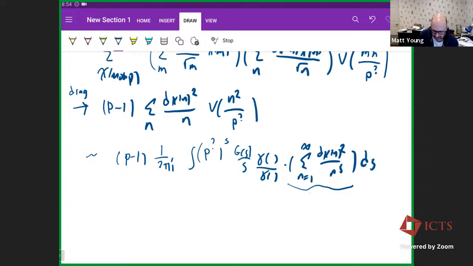And so this sum over n has an Euler product. It's a multiplicative function. And then at primes, the coefficient of 1 over p to the s will be the k-fold divisor function of p, quantity squared. So the number of ways to write a prime as a product of k numbers is k, I guess.